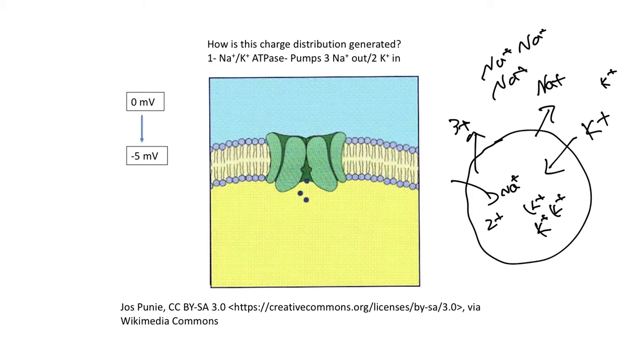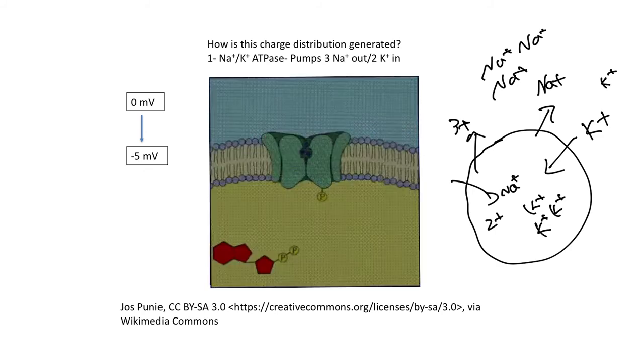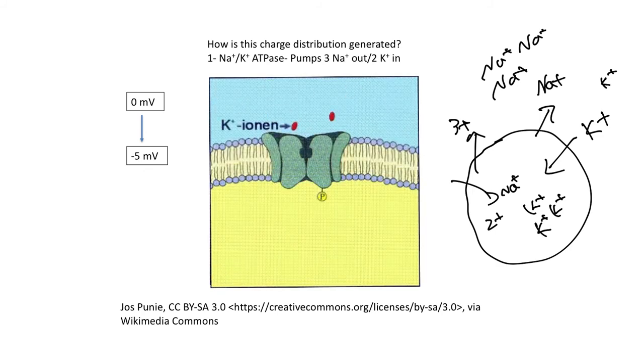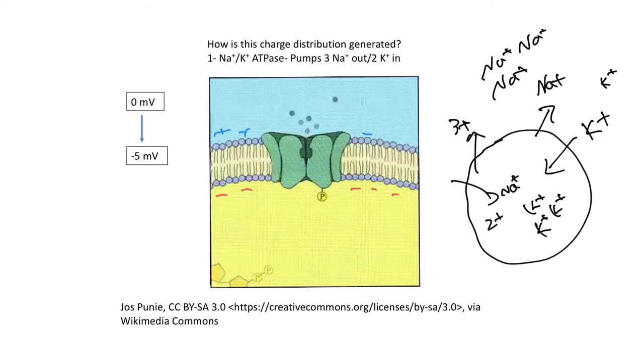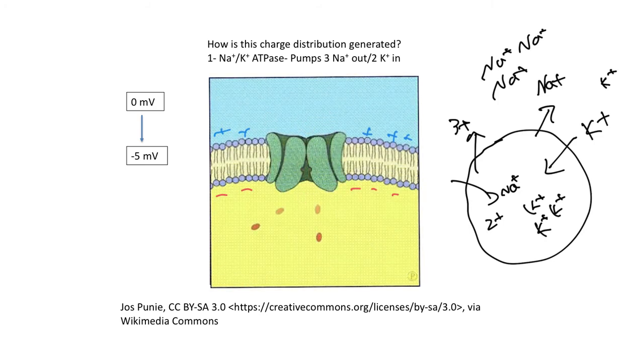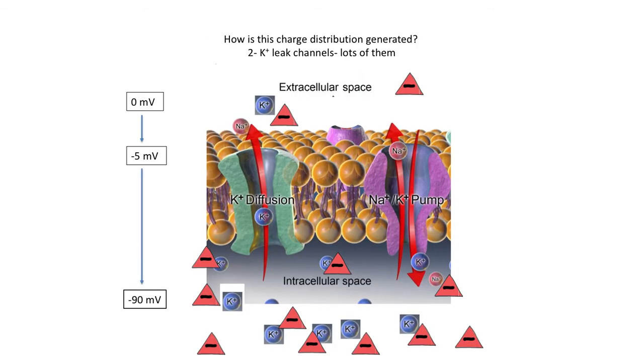So of course it makes the inside of the plasma membrane negative, and the outside of the plasma membrane positive. So therefore it generates an electrical potential. But this is not the only player. So let's see what else is involved.